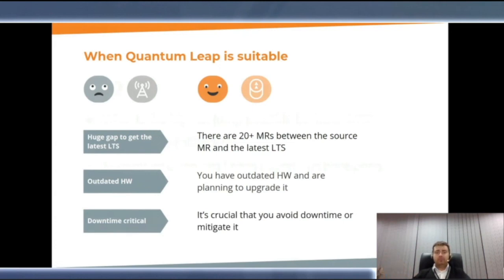And if you have quite an outdated release, by outdated I mean MR70 or older, and if you have quite outdated hardware, or if you have a combo, both outdated release and outdated hardware, Quantum Leap is the best option for you. Also, it will be suitable if downtime is critical for you, because it is as minimal as moving an IP address from one server to another, and it doesn't depend on the distance between releases.